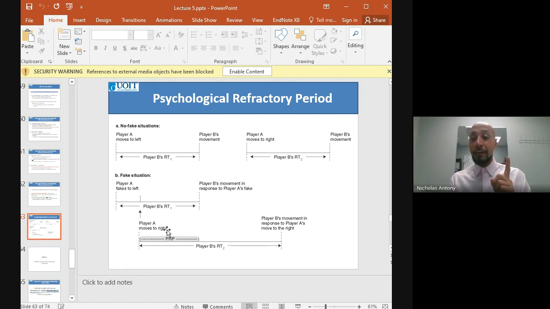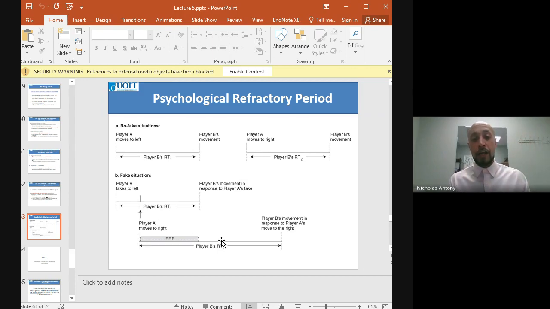So if I faked, you would start movement, and then I went to the right, and you would follow through. When I started to move to the right, your reaction time would be 1 second.